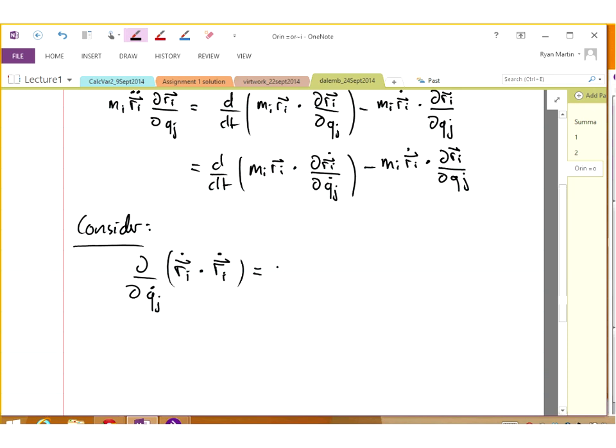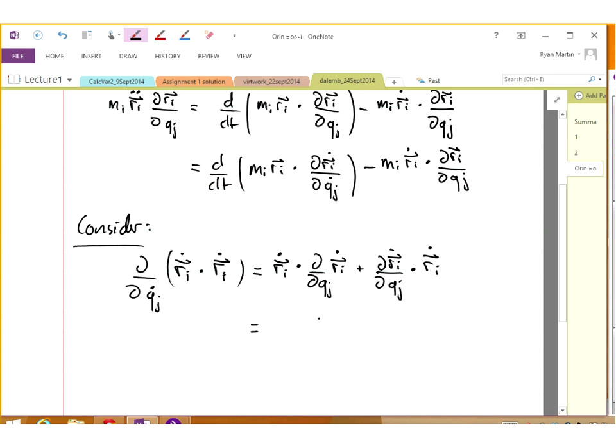Applying the product rule, that is the same as r_i dot dotted with ∂r_i dot/∂q_j dot, plus, again, the same term, now written out explicitly as ∂r_i dot/∂q_j dot dotted with r_i dot. So that's 2 times the same term.